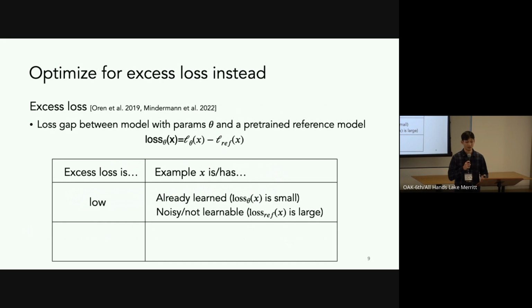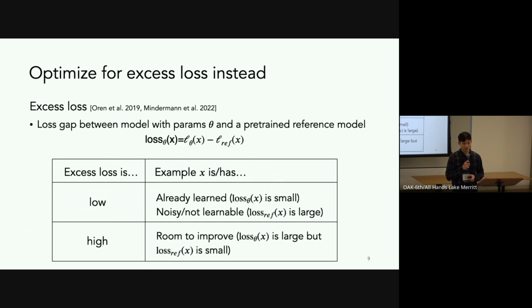The reference loss is large, and it doesn't take much to meet it. When the excess loss is high, however, that means you have a large gap. There's a large room to improve, because the reference model is sort of a certificate that you can reach such a loss on that example.